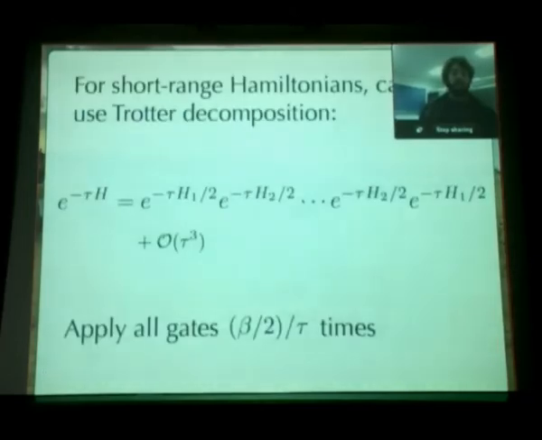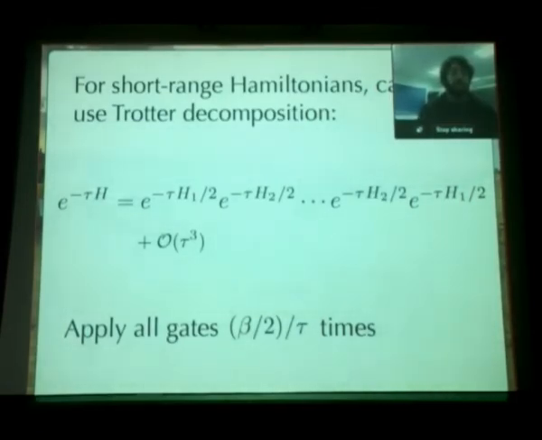I probably should have written a couple more lines, but the idea is, let's think of a Hamiltonian where you can write the Hamiltonian as a sum of operators. A simple example is a spin chain with nearest neighbor interactions.